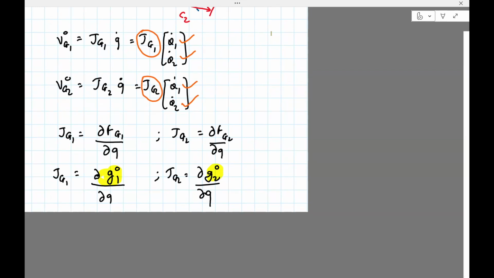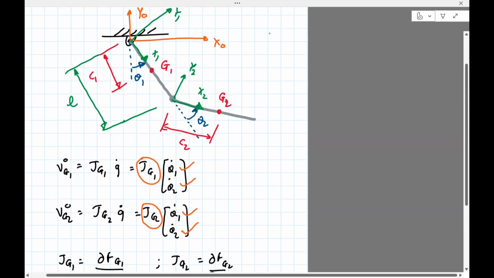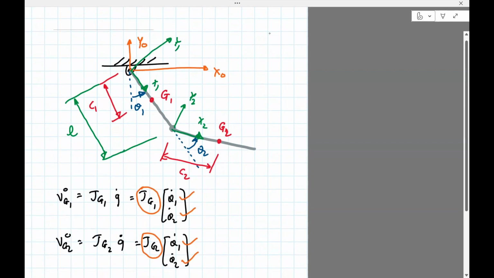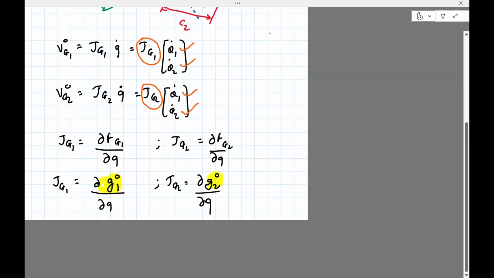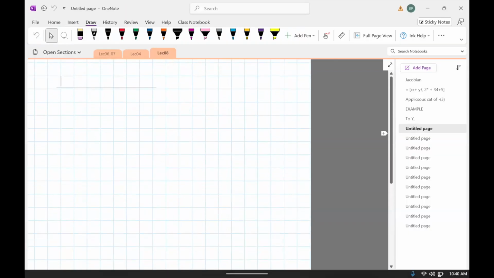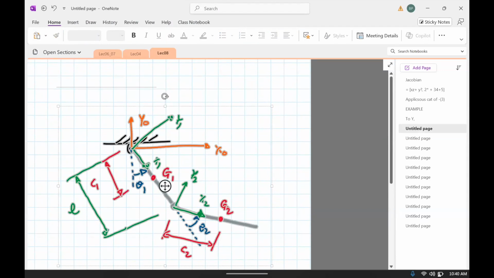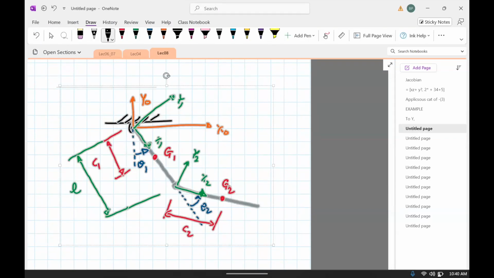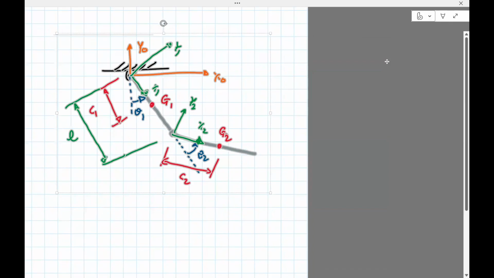We've already done forward kinematics using homogeneous transformation. That's precisely what I'm going to use. Okay, so let's do it one at a time. Let's get G1 in frame 0. Okay, so here's what we need.